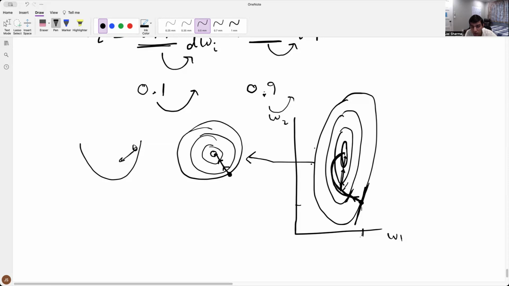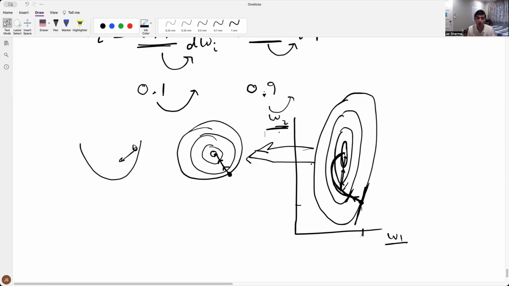Ideally, instead of doing this, we would turn this into something like this, and then we would be able to go directly to the center, right? And so you can do this using RMSProp. The rationale of RMSProp is that W1 and W2 are on different scales, that they're not all the same size.